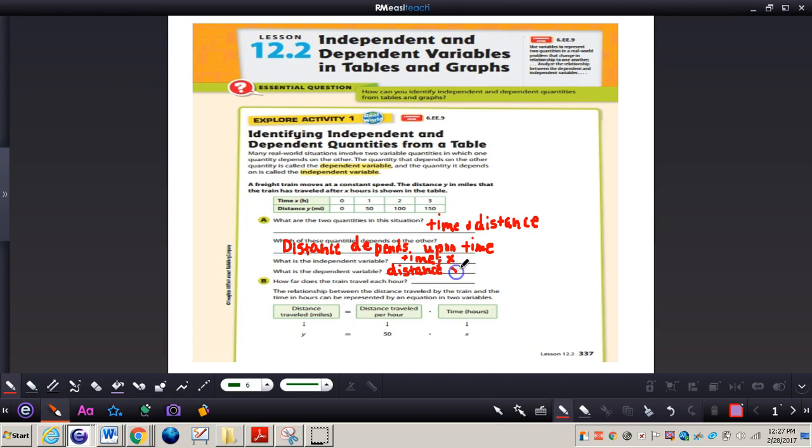Distance, and we see that's represented with the variable y. So how far does the train travel each hour? We can easily see that after 1 hour it's 50 miles, 2 hours 100, 3 hours 150. So you can see increments of 50 miles per hour. So how far does the train travel each hour? We can write in 50 miles.